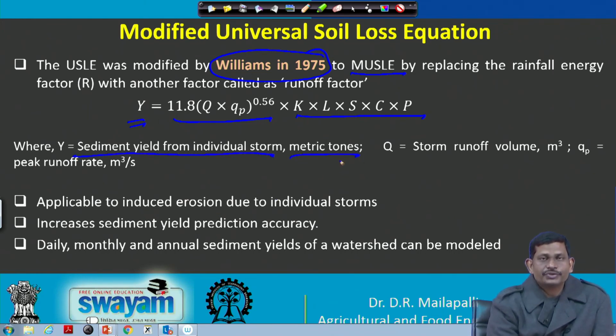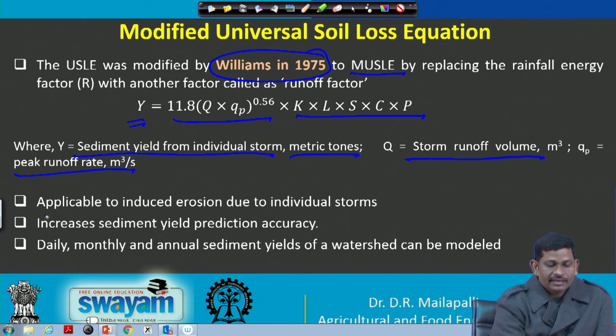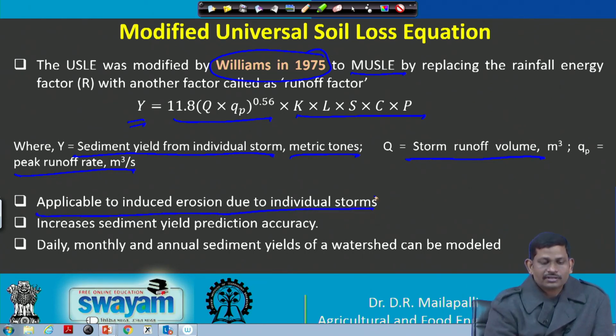Okay, for an individual storm you get this yield, where Q is the storm runoff volume and Qp is the peak runoff rate. Qp will be estimated using the rational method. It is applicable to erosion induced by individual storms and increases sediment yield prediction accuracy compared to the universal soil loss equation.